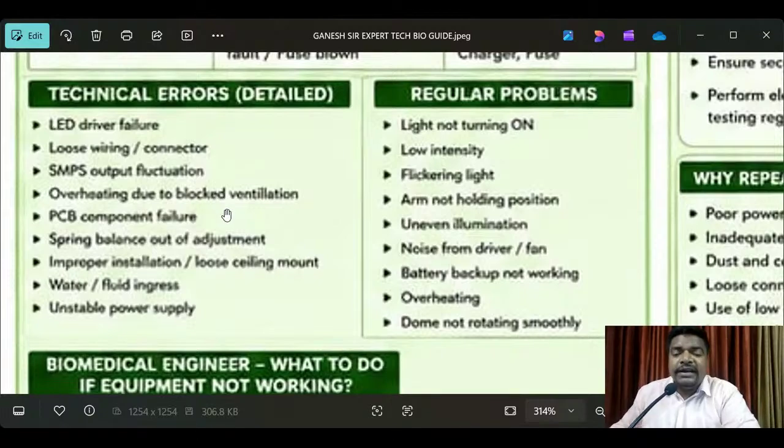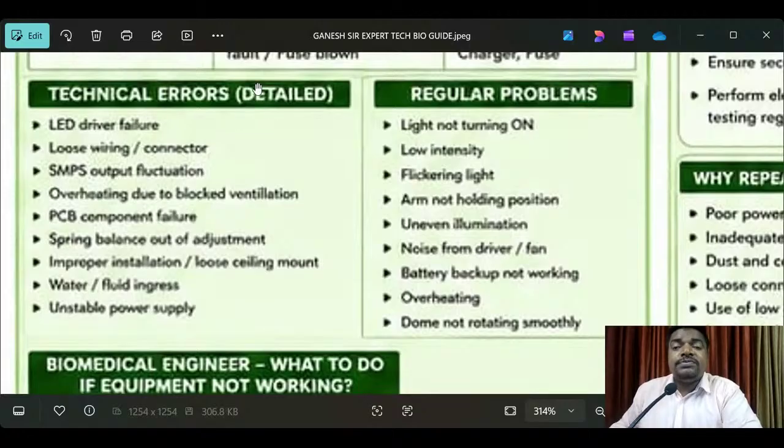Come to the point now. Let me show you about the OT light; I'm sharing only very important points. It is going to be recorded, nothing to worry about. Anytime you can watch my sessions in my playlist. Now, the technical errors. Number 1 for the OT surgical light is LED driver failure, and loose wiring or connections.